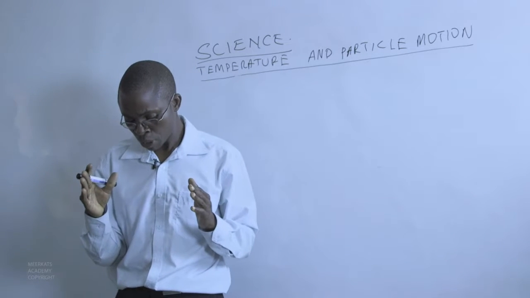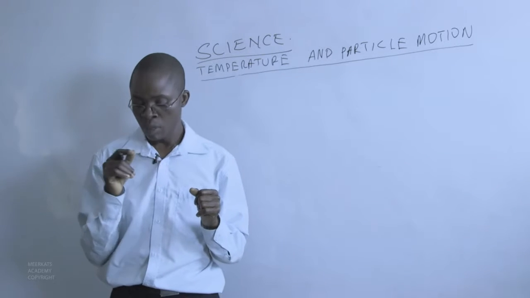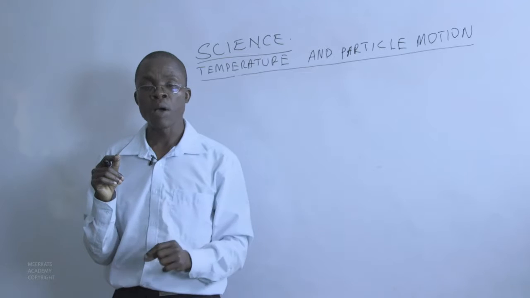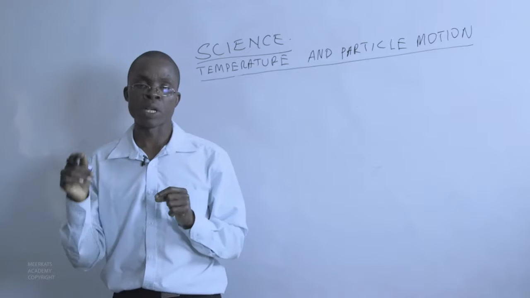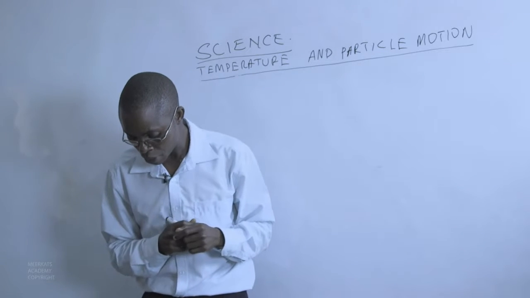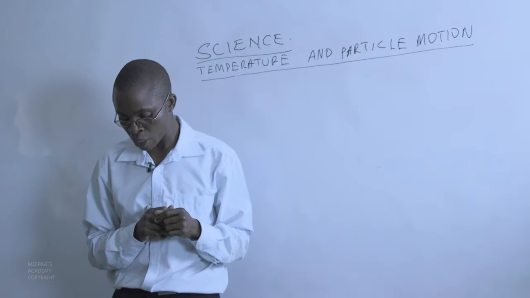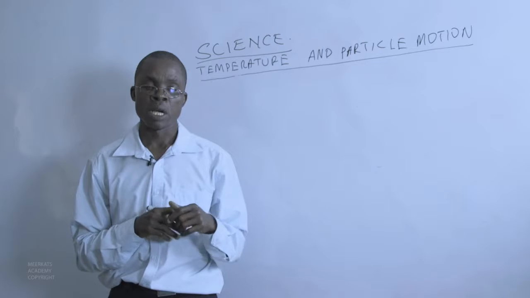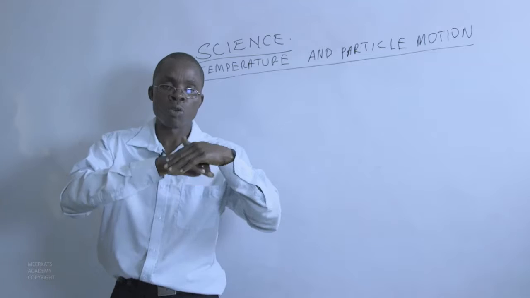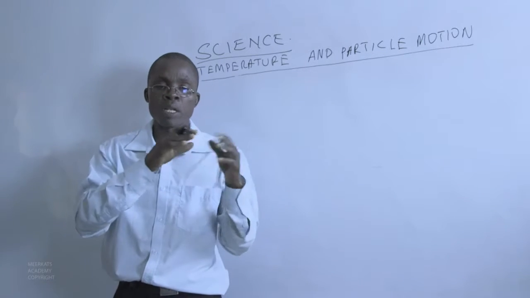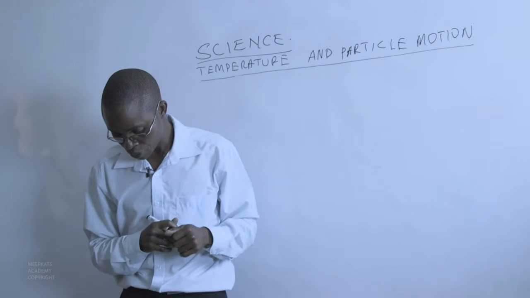Particles in liquids are held together by forces weaker than those in solids. And that's why particles in a liquid are free to roll over each other, while in solids they can only vibrate in fixed positions.